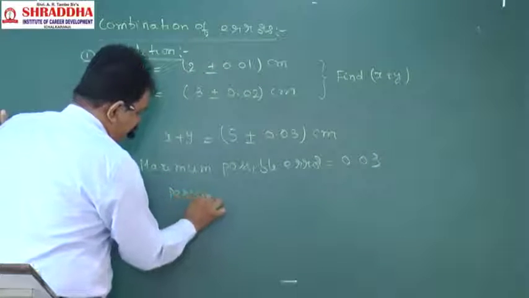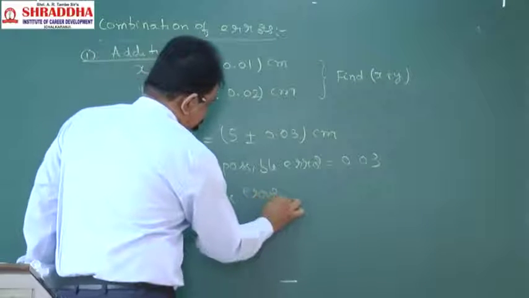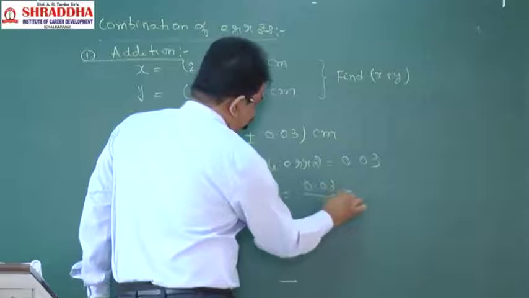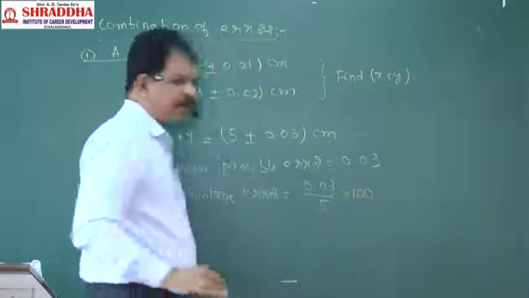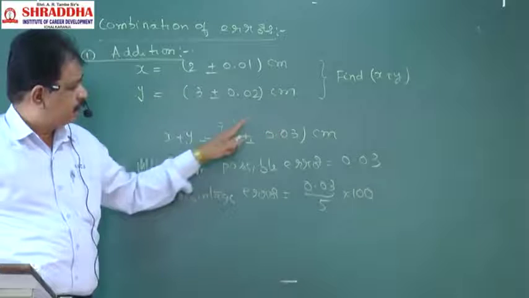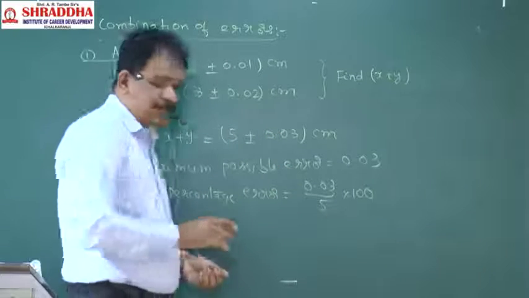Percentage error is 0.03 by 5 into 100. So this error by this into 100. What is the formula for this?